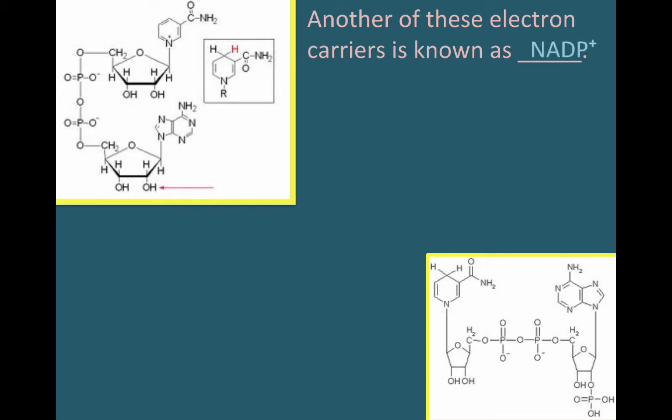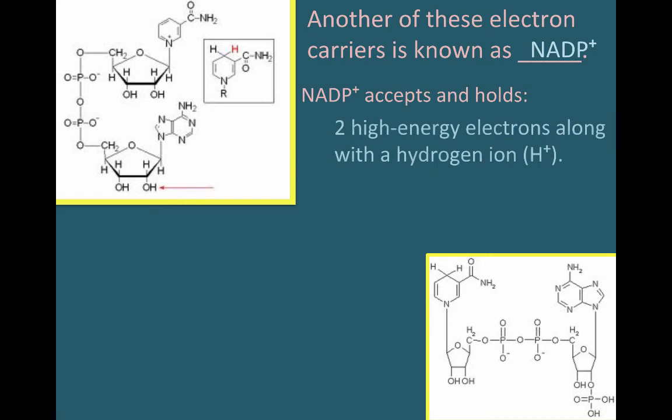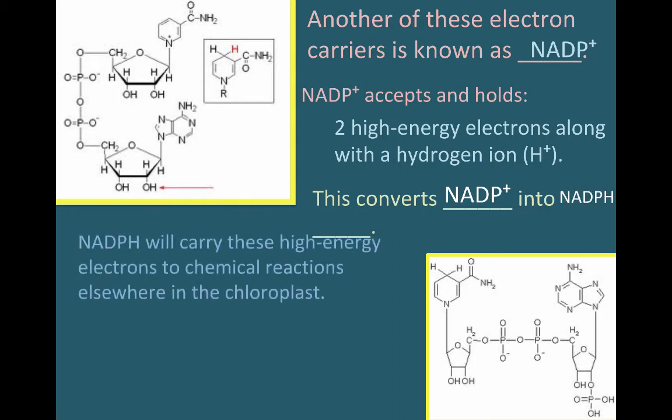Another electron carrier that's a little bit more temporary and intermediate is called NADP+. You don't need to know what it stands for. It's a long word, nicotinamide adenine dinucleotide phosphate. You can just call it NADP. NADP will take electrons and a hydrogen. You don't have to worry about two electrons or anything like that. Just know that it picks up electrons and hydrogen. And when it does, NADP becomes NADPH, right? That makes sense.